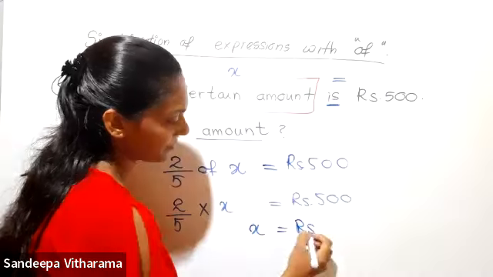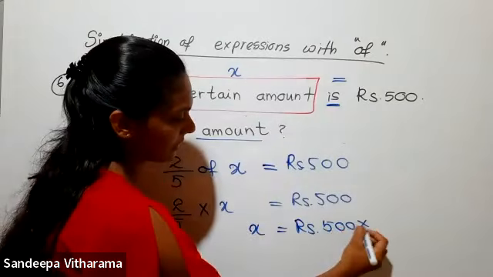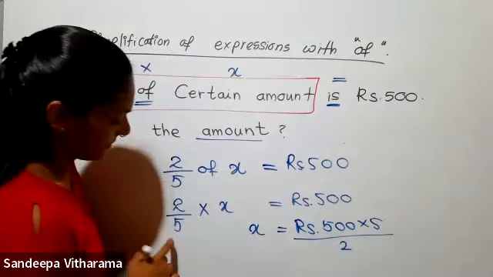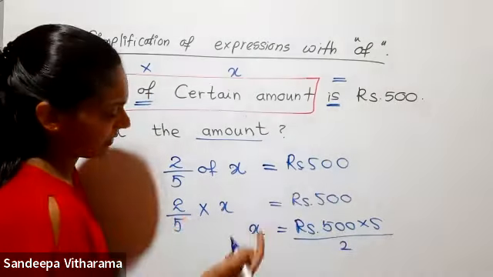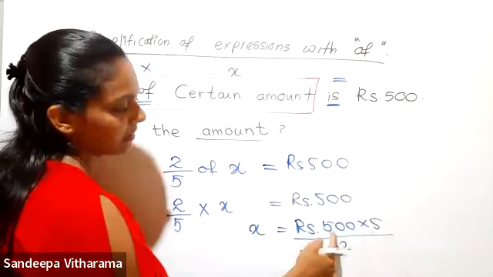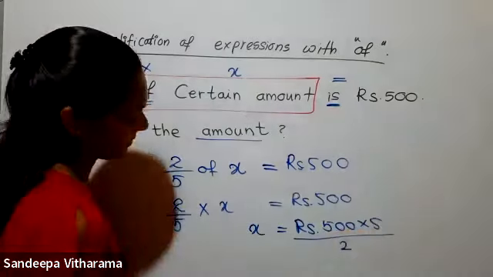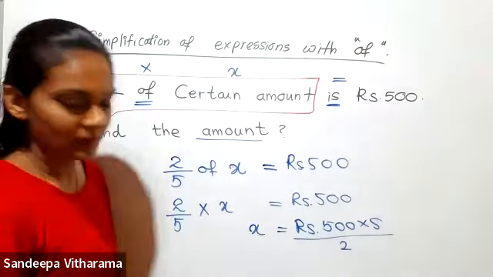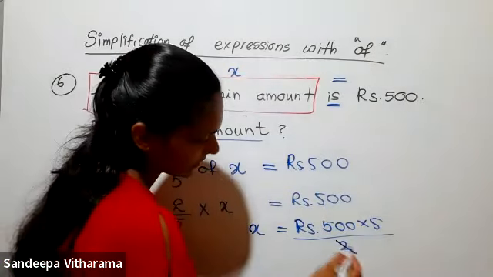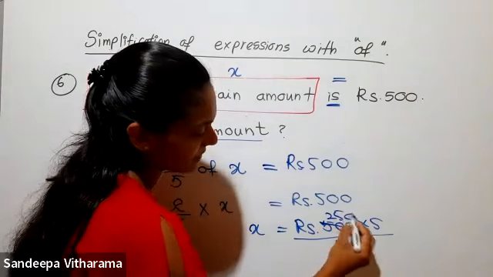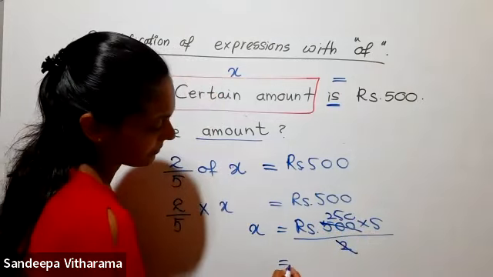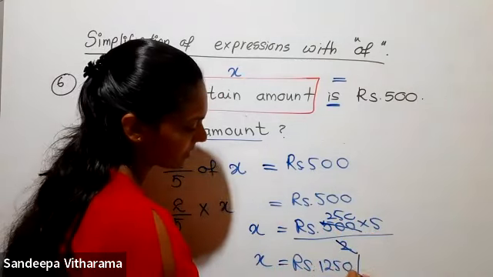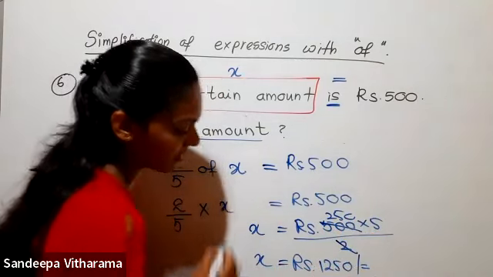Take the 5 to the other side and divide by 2. 250 is multiplied by 5. That means the certain amount we obtain is 1250.